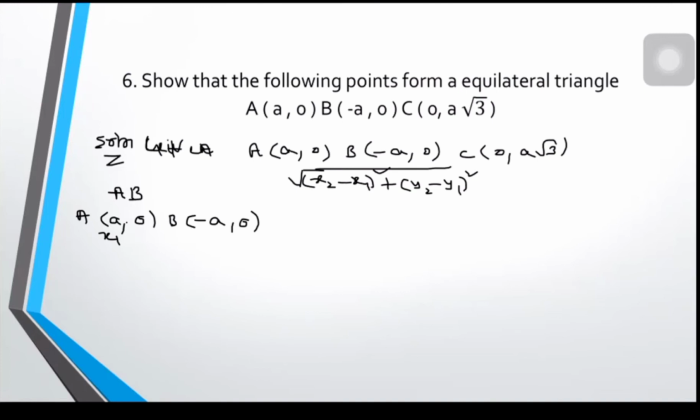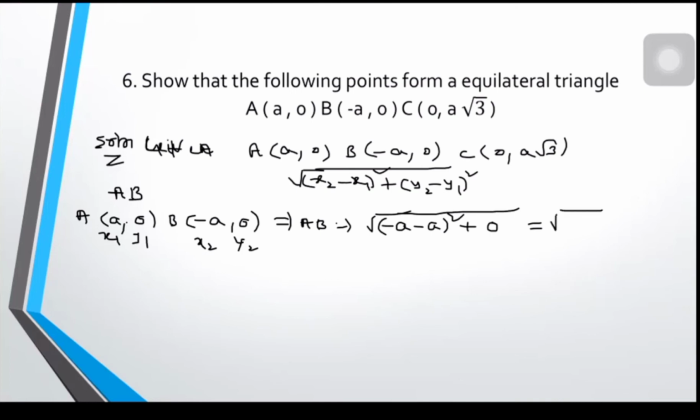So x1 y1, x2 y2. AB is root of (x2 minus x1), which is (minus A minus A) whole square, plus (0 minus 0) whole square, which is 0. So root of (minus 2A) whole square is 4A square, which is 2A.